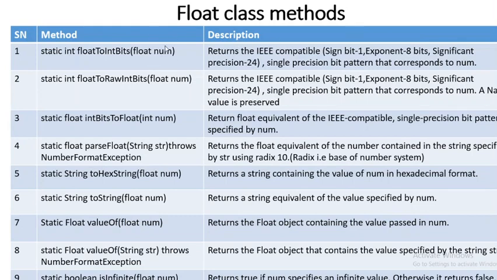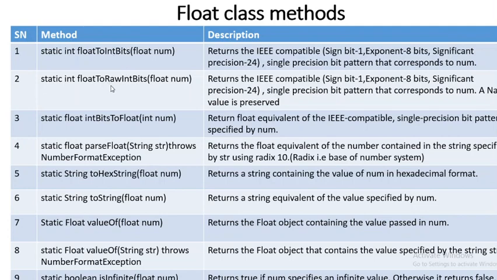So whatever float number you are giving over here, that number is considered by its single precision pattern, that is, the first bit is considered as sign, the next 8 bits are considered as exponent, and 24 bits are considered as precision. By considering this bit pattern, this float number will get converted to int.